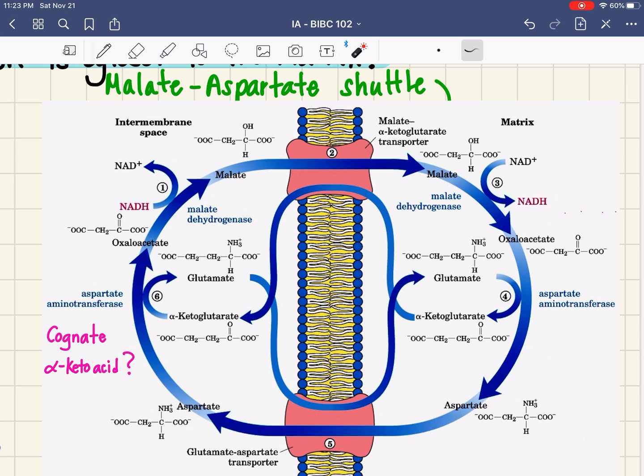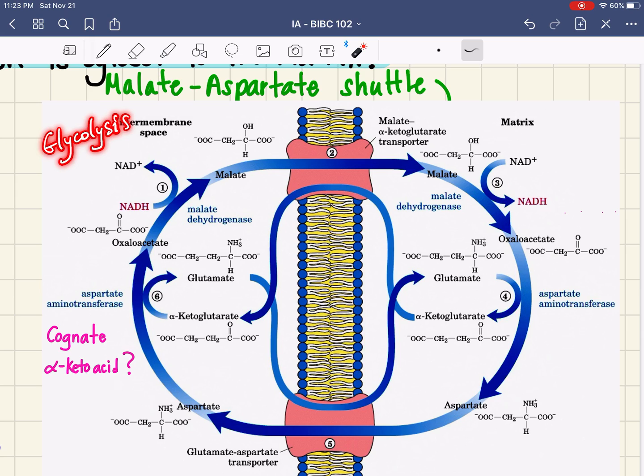So the whole point of this shuttle, again, is to take NADH from the intermembrane space and put it in the matrix so that it can go on to ETC. The other point of doing this shuttle is to regenerate NAD+, which is exactly what we did. Now this NAD+ can go into glycolysis. I did not spell that right.